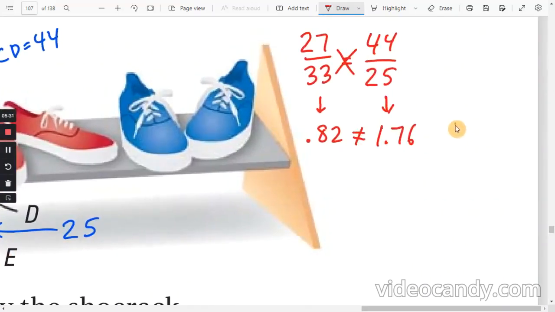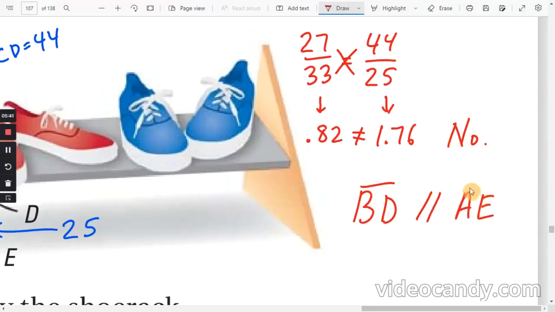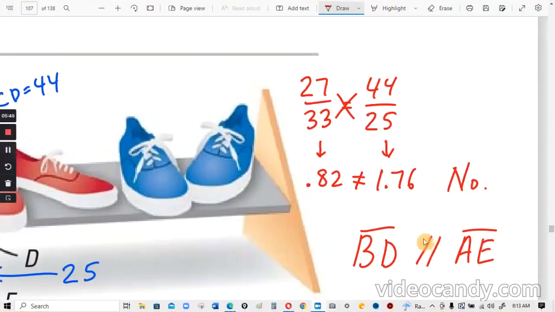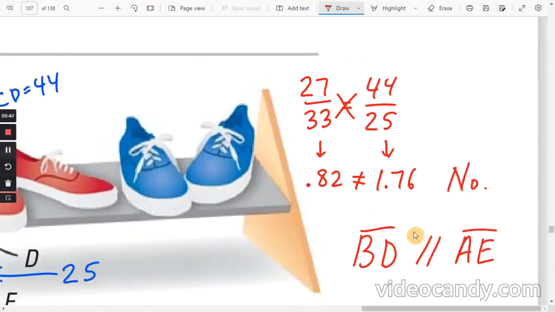So the answer here is no, and BD is not parallel to AE. Let me just see how to make this symbol. Yeah, so I guess basically you would just cross out the parallel lines, or you would just say not parallel.